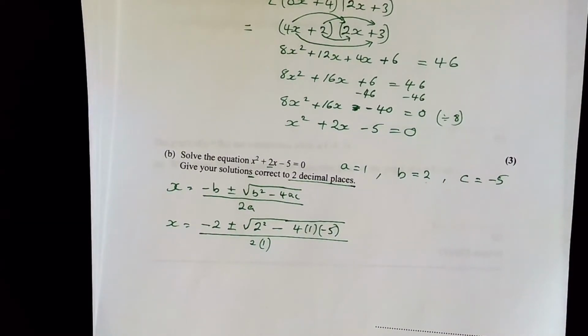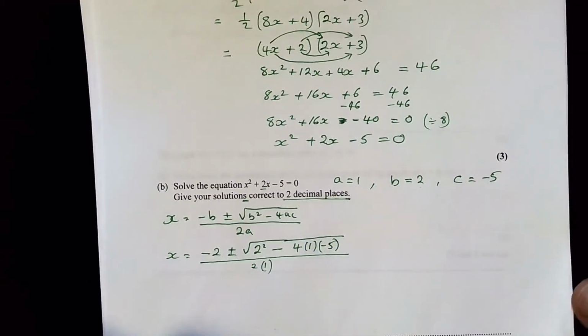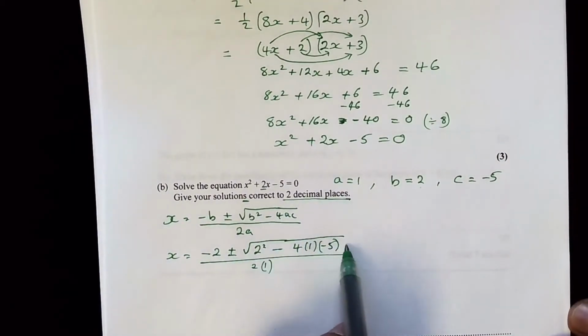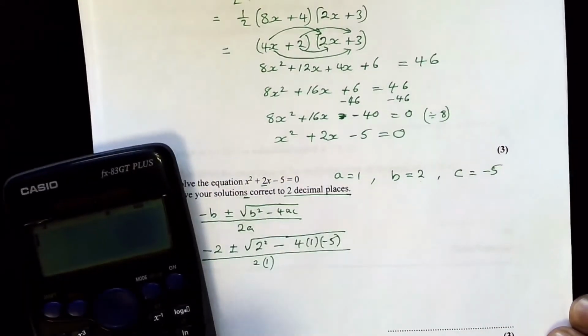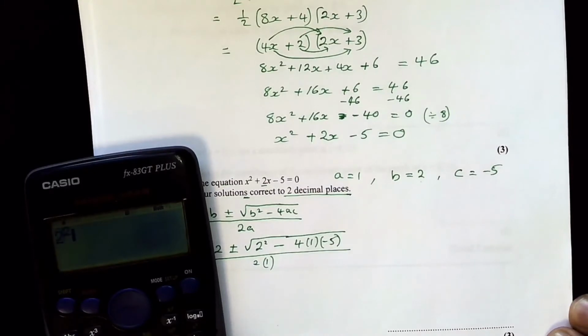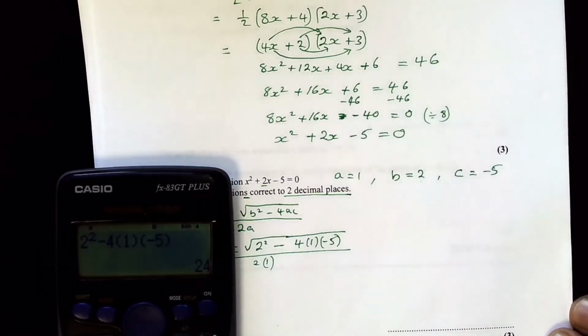And I'm now going to simplify that, and I can use the calculator to work this part out. The first thing I'm going to work out is this square root part. So that gives me 2 squared minus 4 times 1 times minus 5, and that gives me 24.